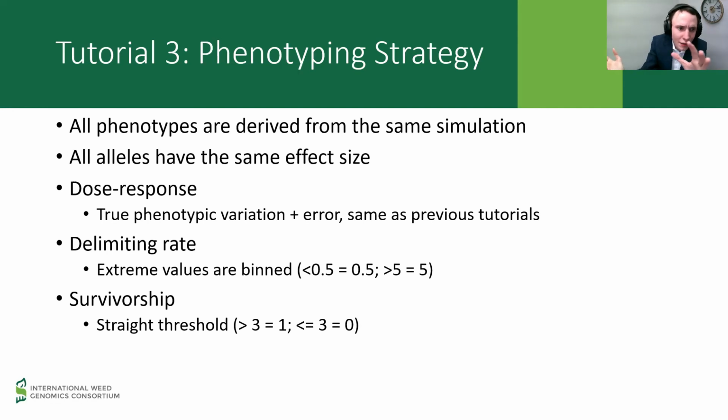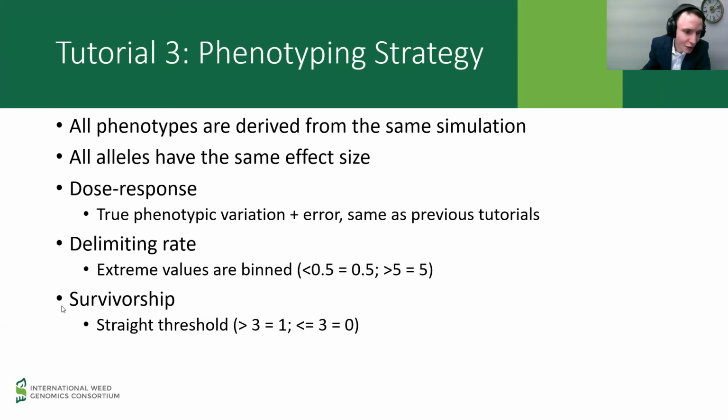But once we reach a rate that's lethal to the plant, we can't differentiate a sensitive plant from an even more sensitive plant. They would end up with the same phenotypic values. Same thing with a resistant and a very resistant plant. So as a result, I binned values at the extreme edges of the phenotypic distribution.